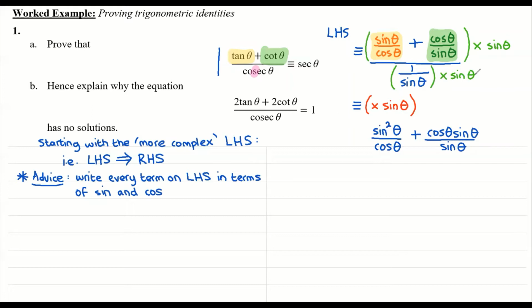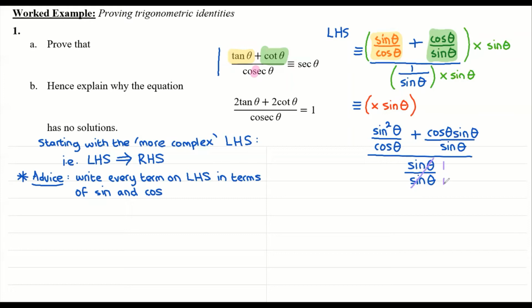So let's do the denominator now. So that's going to become sine theta multiplied by 1 over sine theta will give me this. All right, now hopefully we've got some cancellation going on, and yes we do. So let's see what cancels. Well, this is going to cancel down to just 1 over 1, which is just 1.